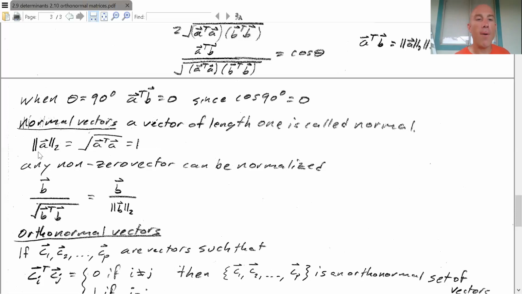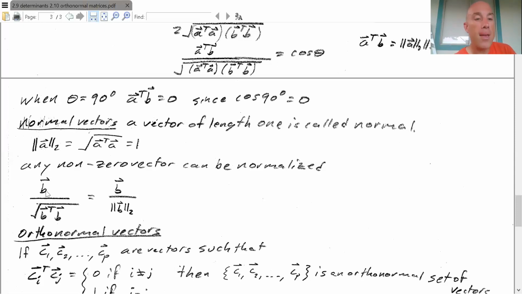If I take the length of the vector, the 2 norm, which is equal to the square root of the vector transpose times the vector, that has to be equal to 1. Now, any non-zero vector can be normalized. Remember how you normalize stuff? You do your z-scores, you subtract the sample average and divide by the standard deviation. This is very, very similar.